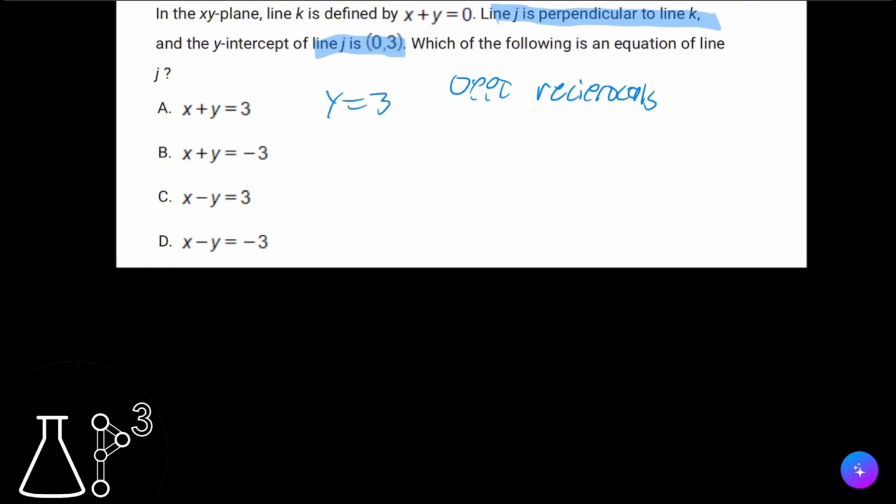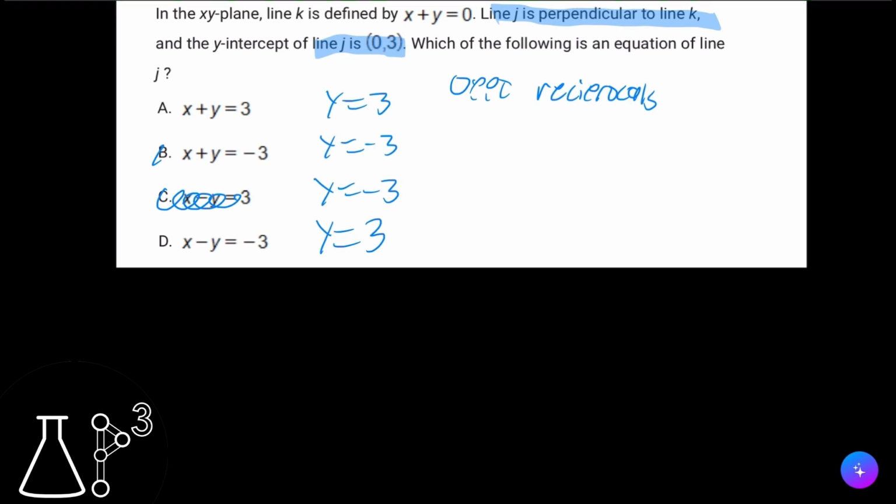If I do B, I get y equals -3, so this is incorrect. If I do C, I also get y equals -3, so this is incorrect. If I solve for D, I get -y equals -3, and because both are negative, we can divide both by negative and we're left with y equals +3. So A and D are possible answers.